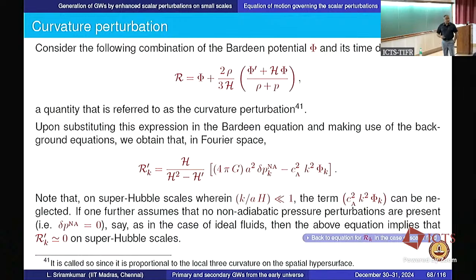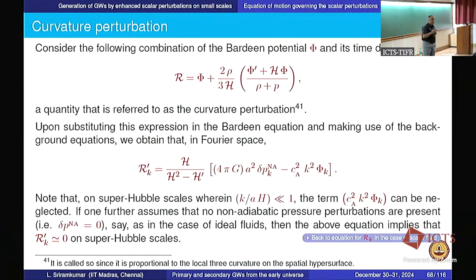Now, I mentioned earlier, if you have perfect fluids, delta P NA is 0. And if you are on super-Hubble scales, this term goes away when delta P NA is 0. If you are on super-Hubble scales, what you are essentially interested in is the limit where k is very small compared to aH, okay? And in such a case, what you have is R_k prime nearly 0 on super-Hubble scales. In other words, R_k is a conserved quantity.